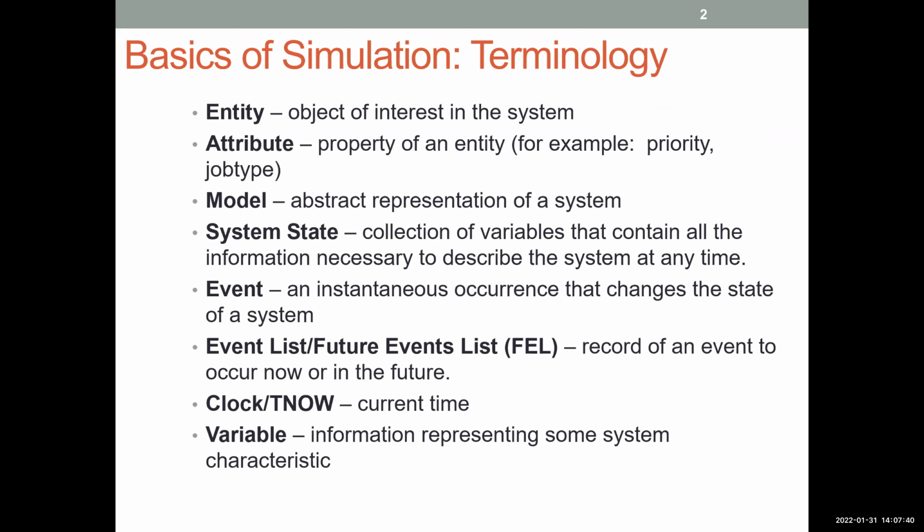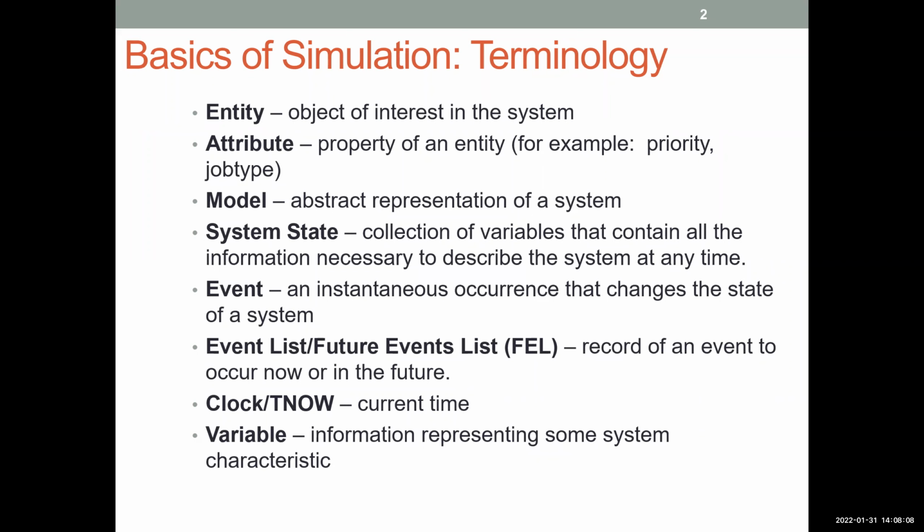Something I mentioned multiple times is that once you assign that to the entity, that property is not going to change. If I assign a number to that property, that number is going to remain with that entity through the duration of the model simulation. If I assign, let's say, a color to that entity, that color is not going to change. It is going to remain with the entity through the duration.